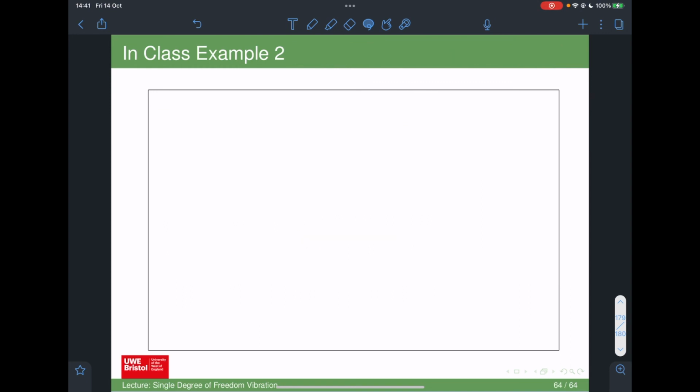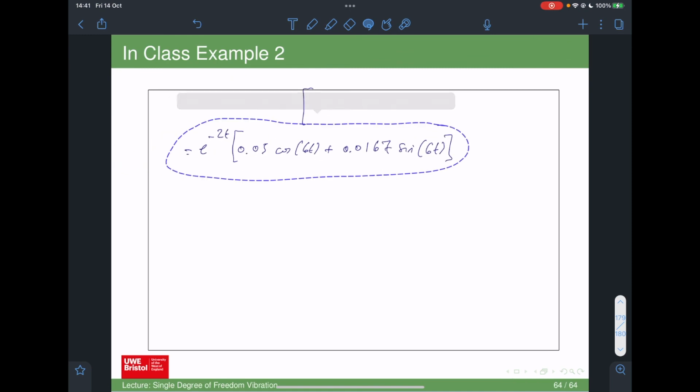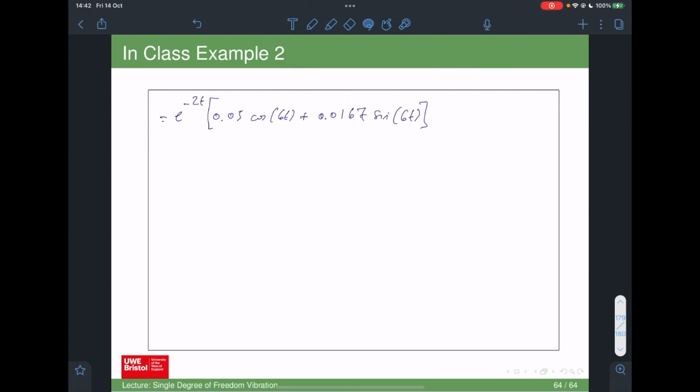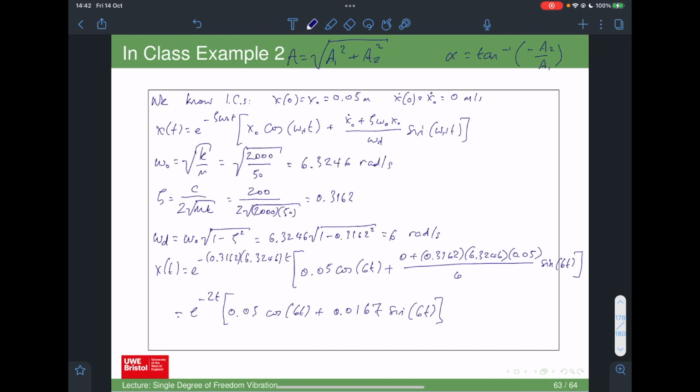So we take that equation, we put it up here, there it is. And the other thing I'll take is this lot up here.